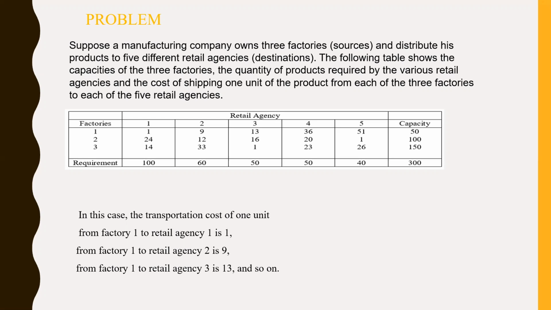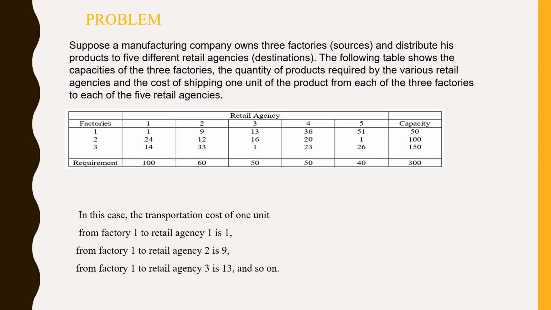So we have the problem here. In the above table, the transportation table, it provides the basic information regarding the transportation problem. The quantities inside the table are known as the transportation cost per unit of product.